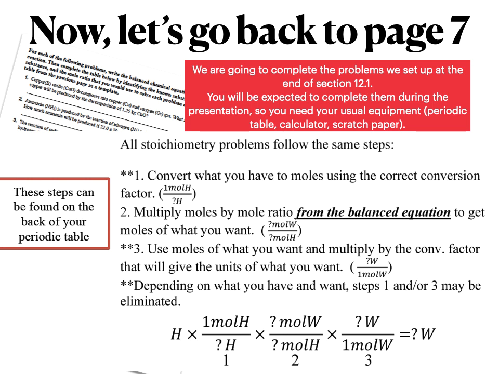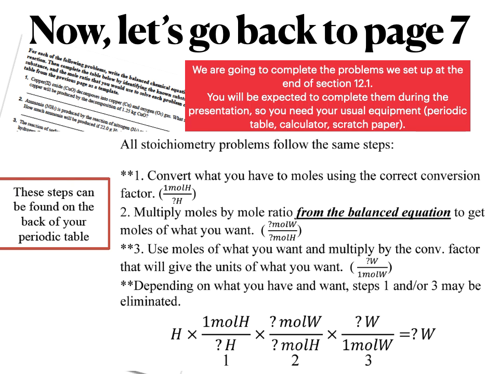Once you have converted what you have to moles, then you're going to multiply by the mole ratio from the balanced equation to get the moles of what you want. This step 2 is one that's done in every stoichiometric problem. There's no way around it. Steps 1 and 3, if I was given moles, I wouldn't have to do step 1.